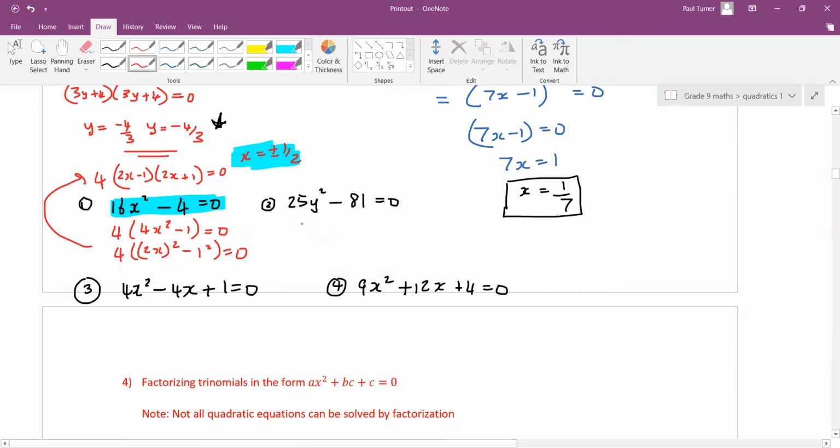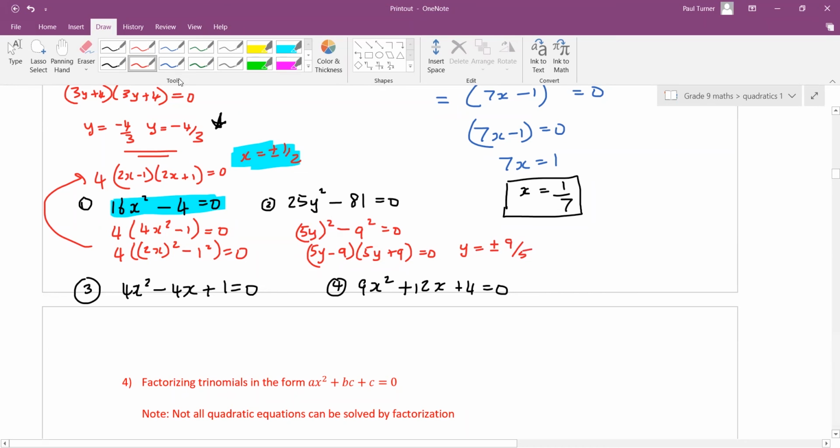You're going to have 5y all squared minus 81, which is 9 squared. So you get 5y minus 9, 5y plus 9 equals 0. So y will be plus or minus 9 on 5. You should have gotten that.